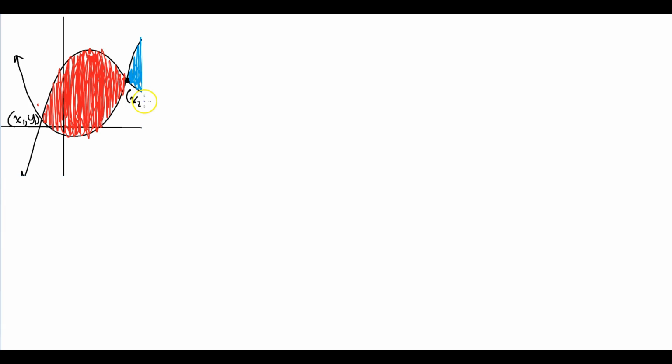Part of the blue region still shows, but we're only concerned with the red region for now. Now, let's look at this red region. So I gave you a little hint about how we can represent the area of this red region.